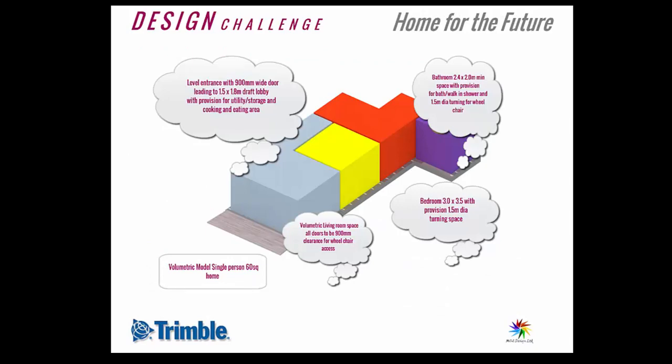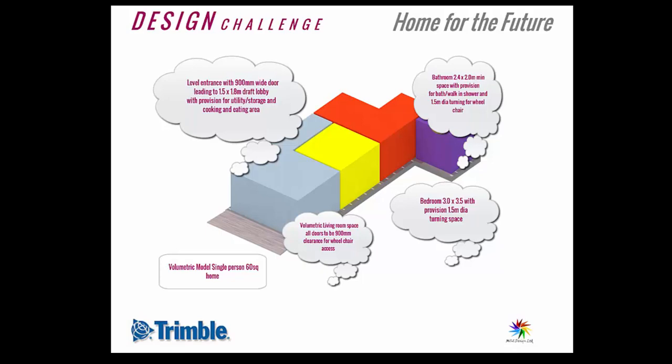So if we are considering creating a home for a single person, what's the minimum space that we require? Well, first of all, we can probably get this down to around 60 square meters. Within there's going to be a bedroom, which is going to have a minimum space of 3 meters by 3.5 meters, and a bathroom of 2.4 meters by 2 meters.